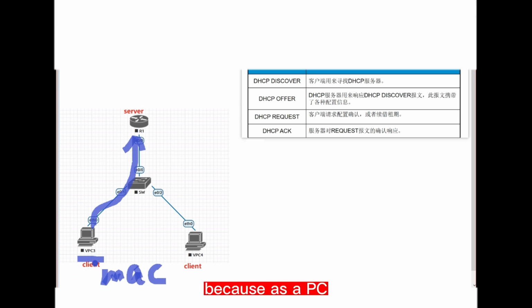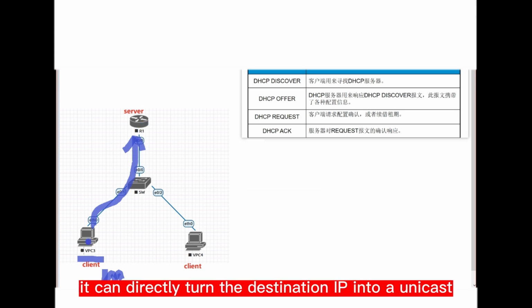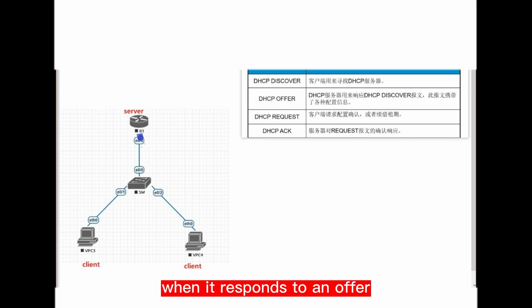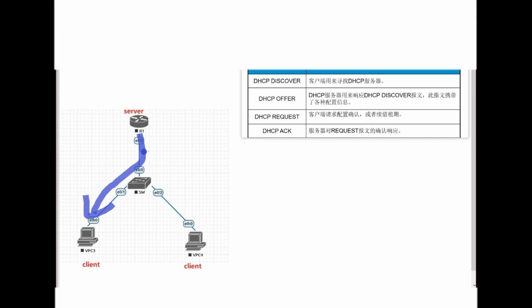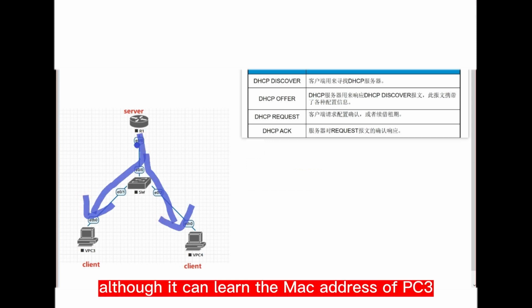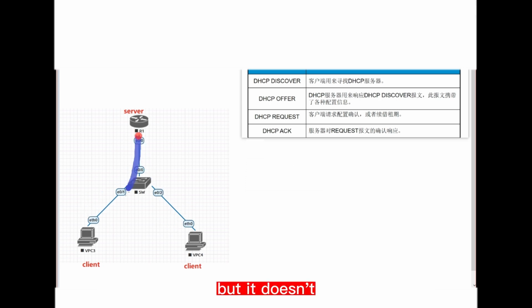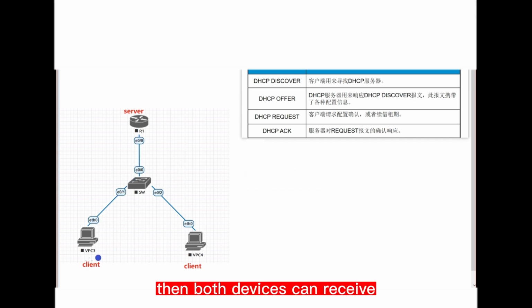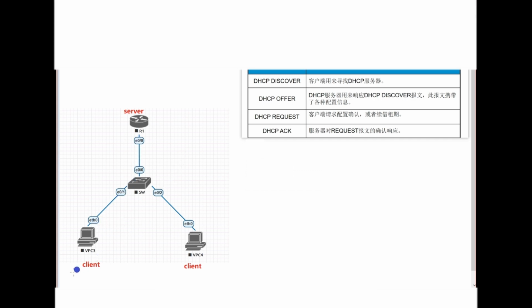Because as a PC, it will look at the second layer first, then look at the third layer. It can directly turn the destination IP into a unicast. Inside Cisco, when it responds to an offer, although it can learn the MAC address of PC3, it doesn't. It will send a broadcast. Then both devices can receive.